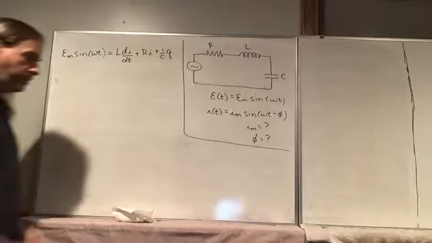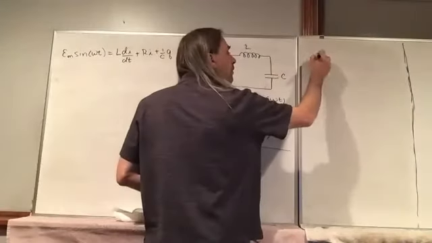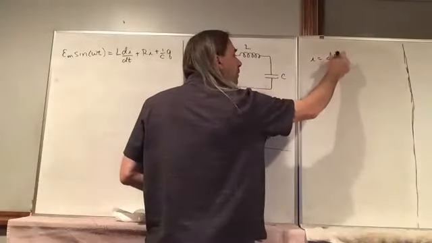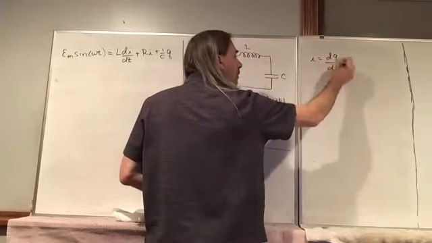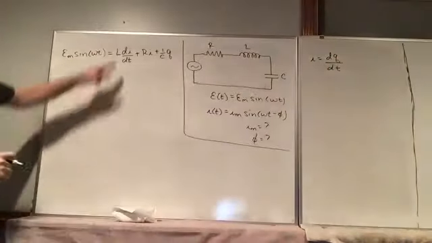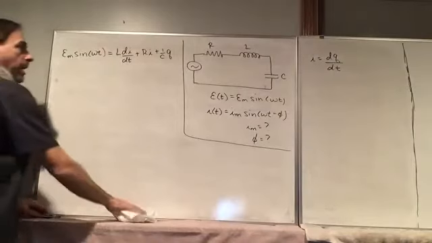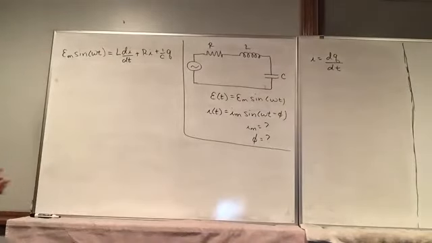Remember, I is dq/dt, so we can write di/dt as the second derivative of charge with respect to time.